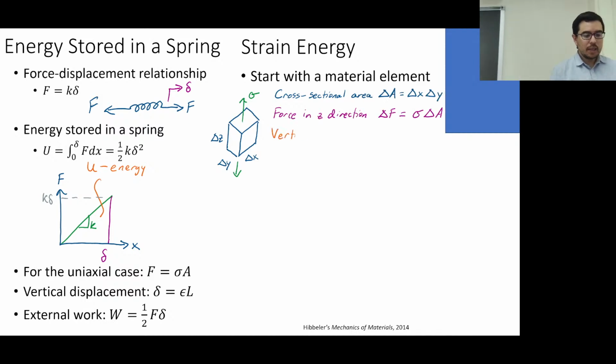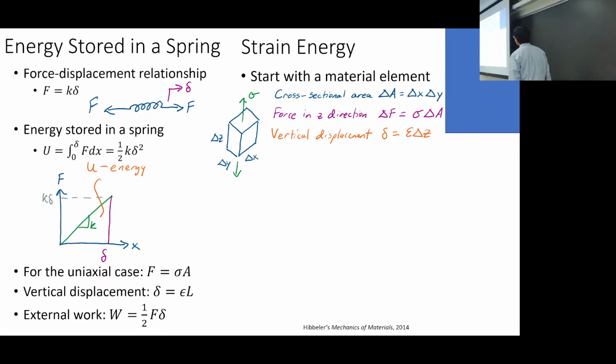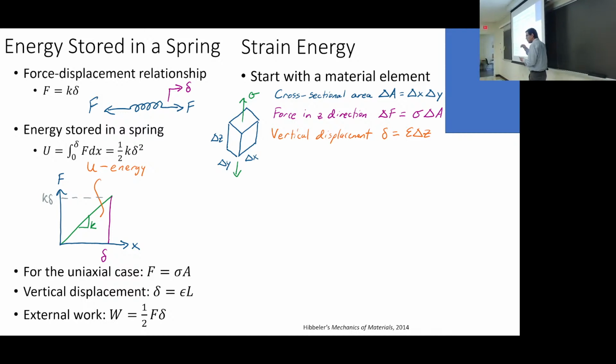We can think about a cross-sectional area. We can think about a force associated with it. We can think about a vertical displacement, right? We can make all these calculations now based on what we know for axial loading, right? This is one stress being applied, one normal stress. Okay?